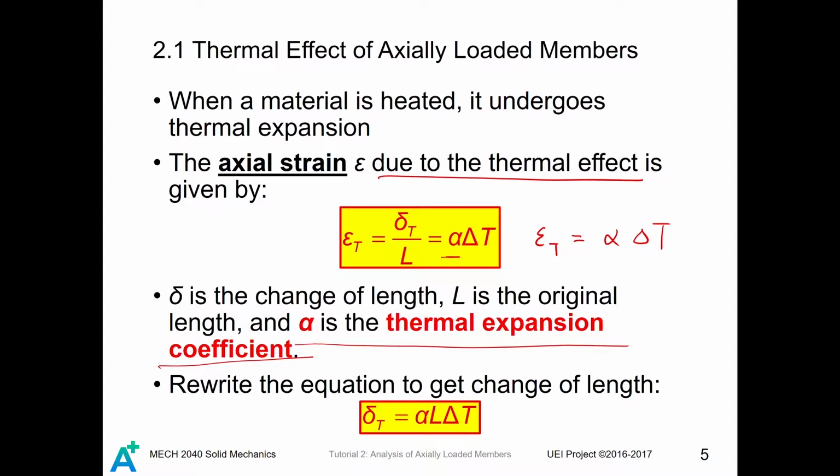At the same time, we rewrite the right-hand side of this equality. Then we can find the thermal deformation, which is the axial deformation caused by the change of temperature. It is given by the thermal expansion coefficient times its original length times its change of temperature.